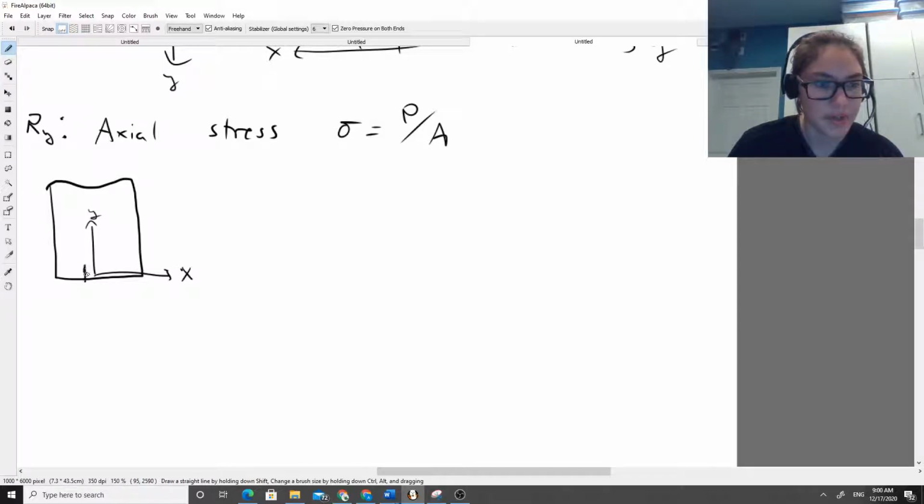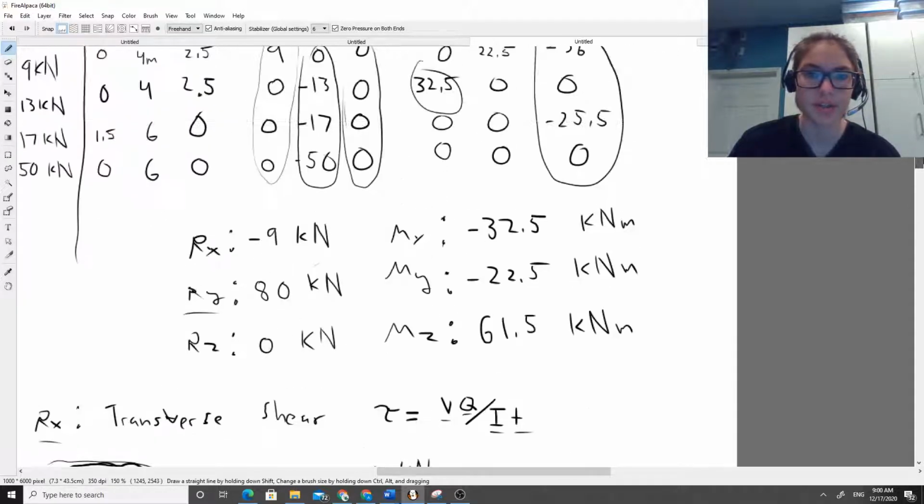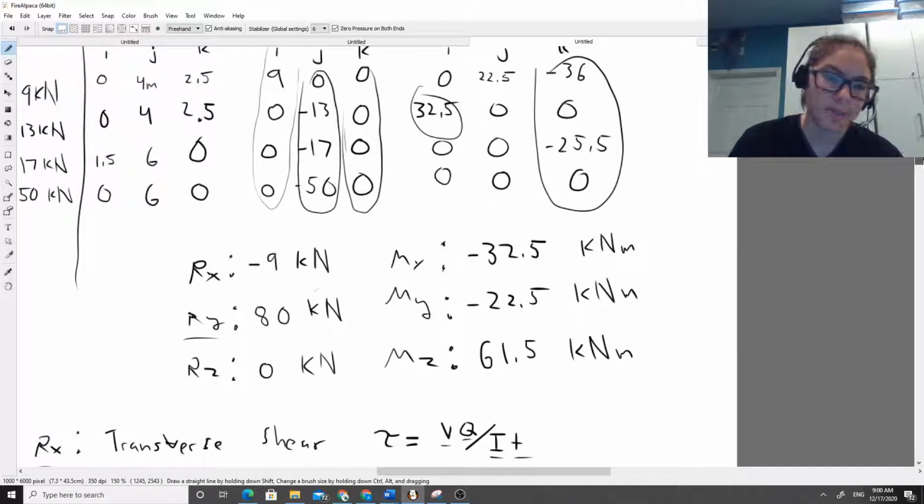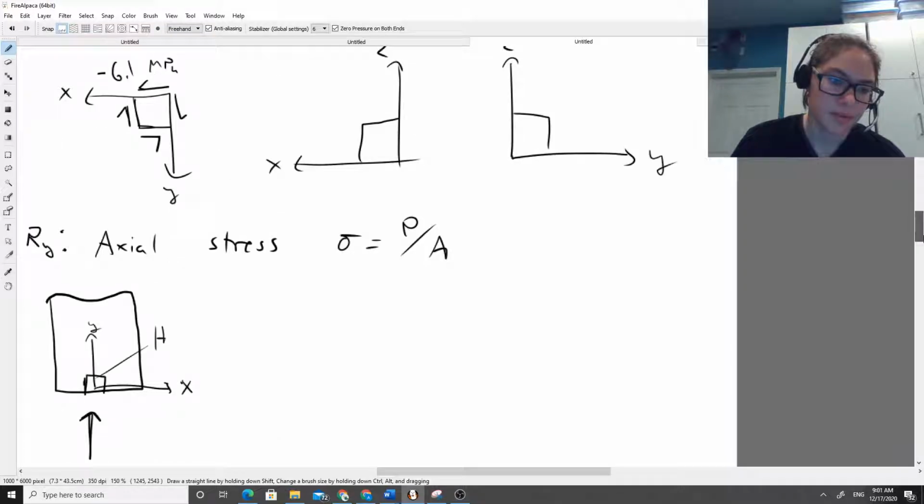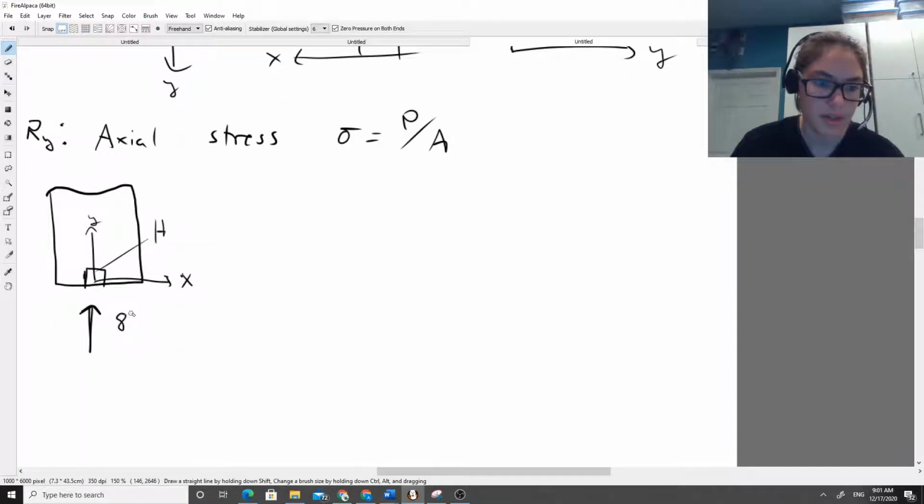This is point H. And all we have to do is say, okay, this is our reaction force. It's going straight up in the longitudinal direction, right? It's going up because it's positive, so that's going to be 80 kilonewtons. 80 kilonewton force right there.